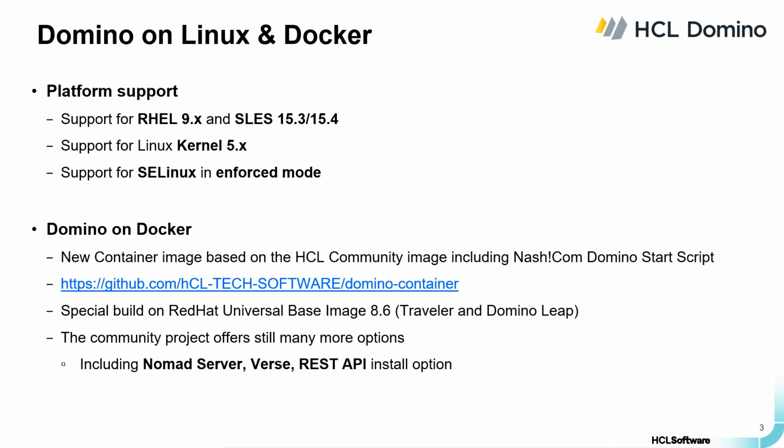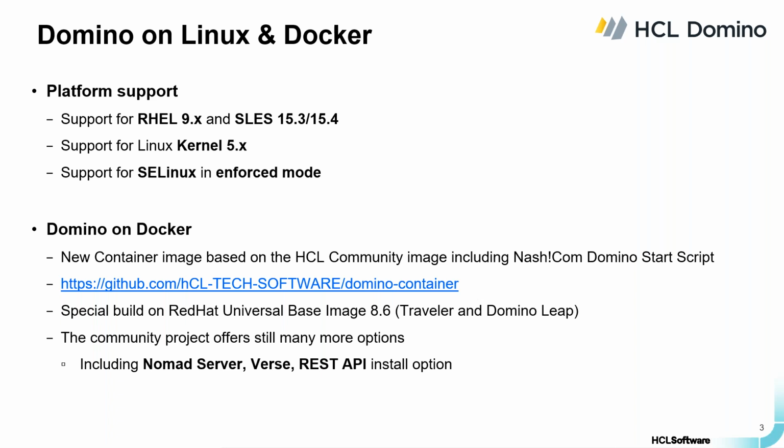I hope around Engage, HCL will officially reveal what exactly you will need, but you can expect that for Domino 14 you need a very recent glibc, because not just the new kernel is required, but also the new glibc, because they're changing the compiler, making it the latest and greatest. That means backward compatibility with older releases is not guaranteed. It's not just not supported, it will not work.